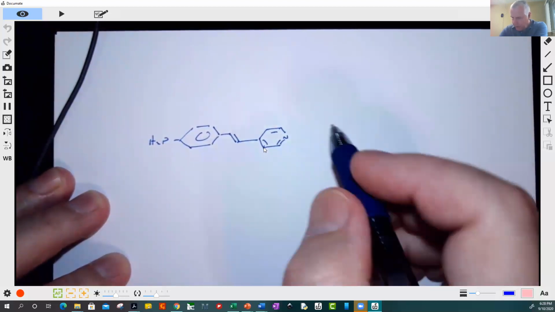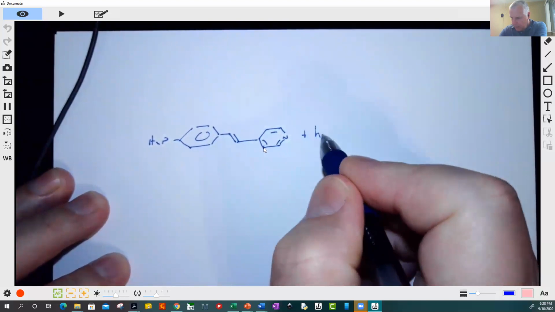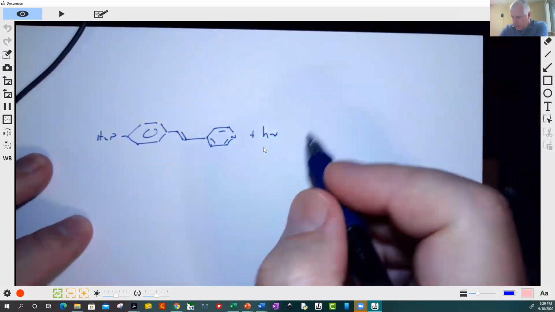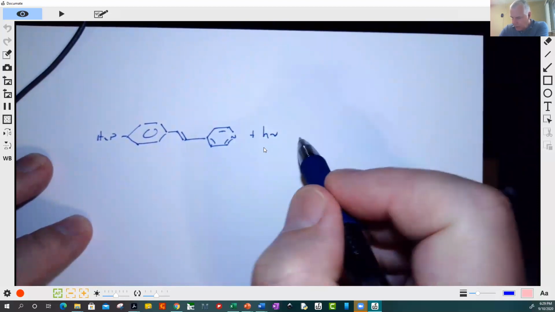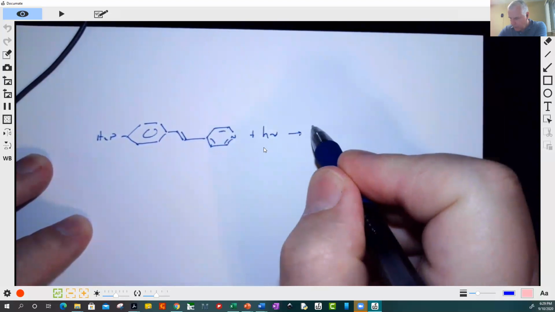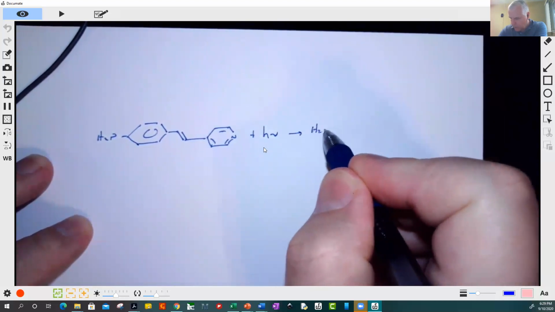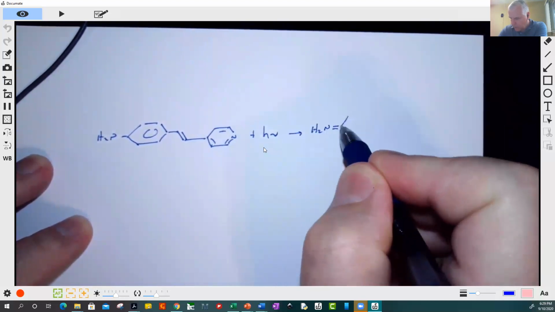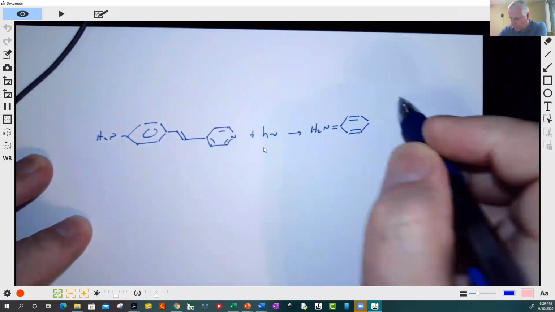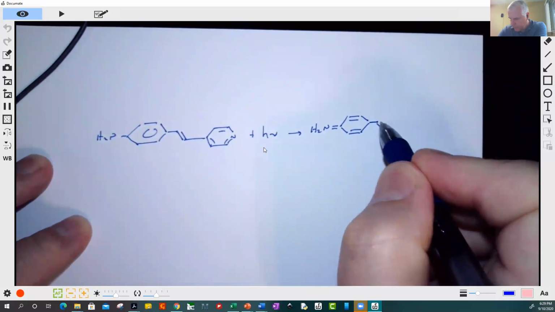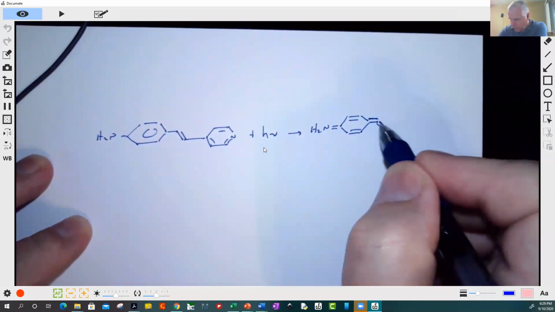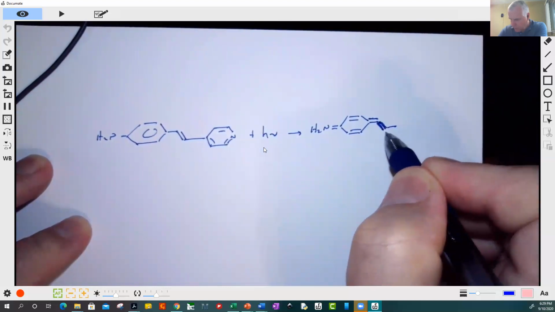And when it absorbs light, it becomes this strange cationic form here, which is, oh wait, no, sorry. Double, single, double.